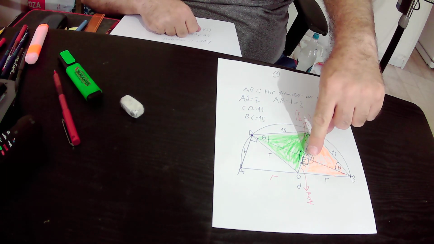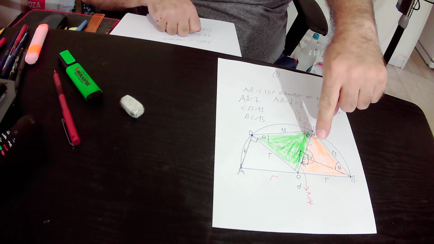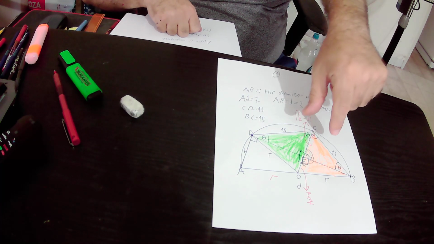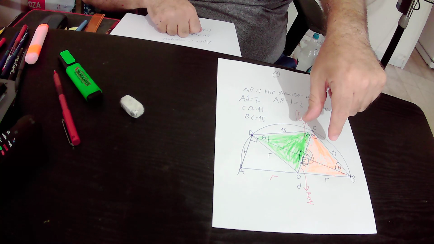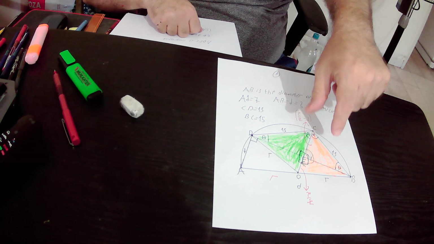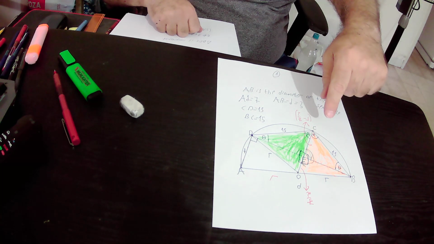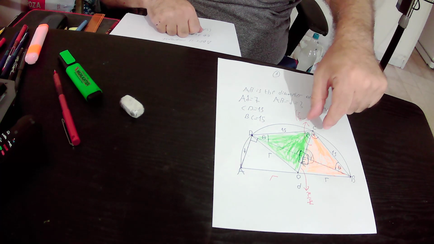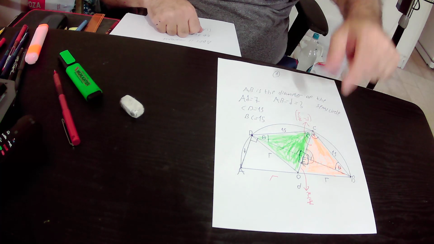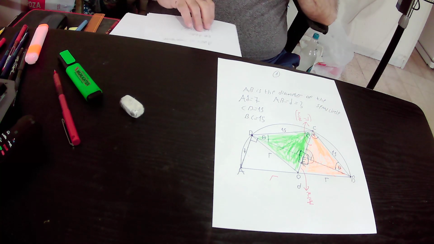EC equals EC. It is a common side that belongs to both triangles. And we know that angle ECD equals angle ECB equals alpha. Those two angles are also equal to each other.